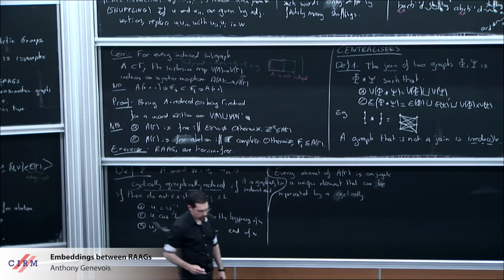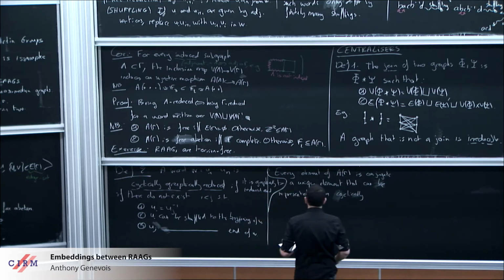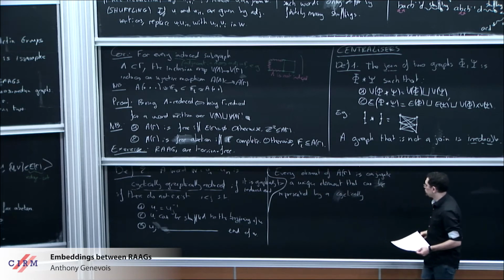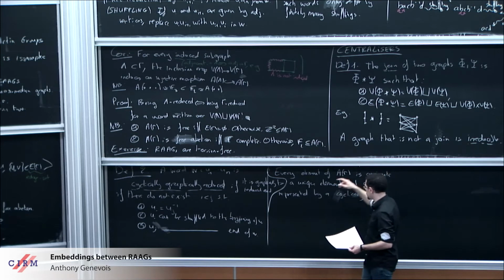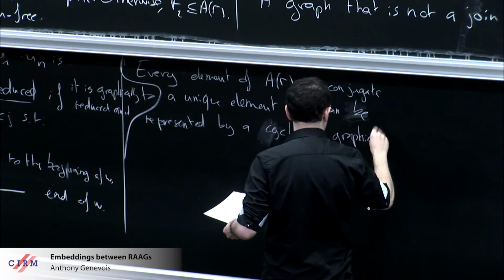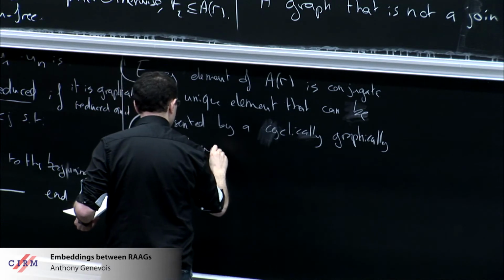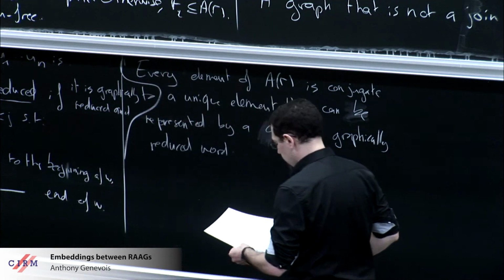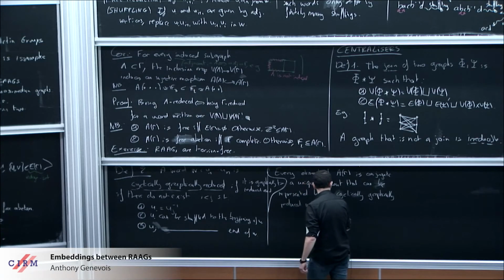I have an explicit example in just a minute. Okay, so every element of the group is conjugate to a unique element that can be represented by a cyclically, graphically reduced word. And so, definition: the support.